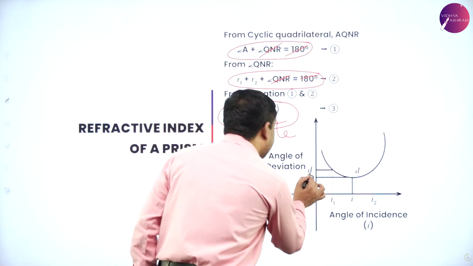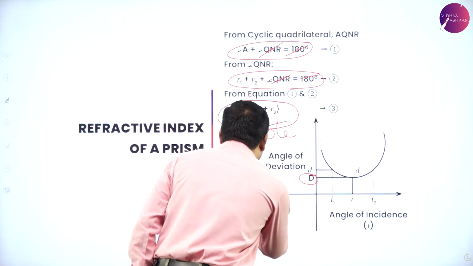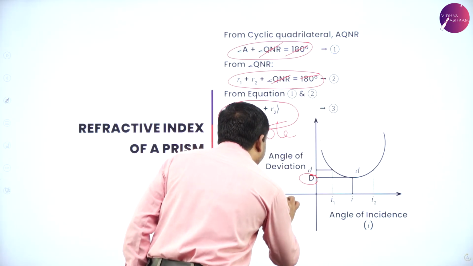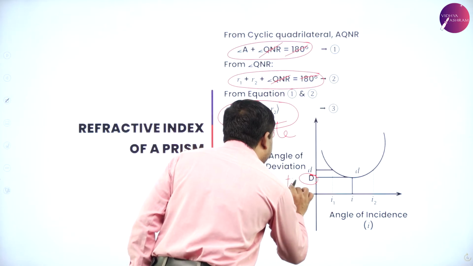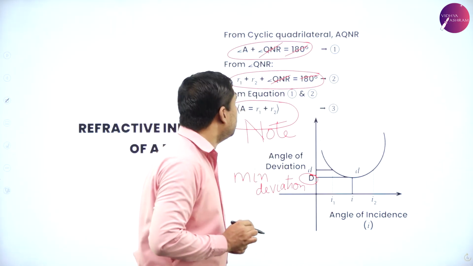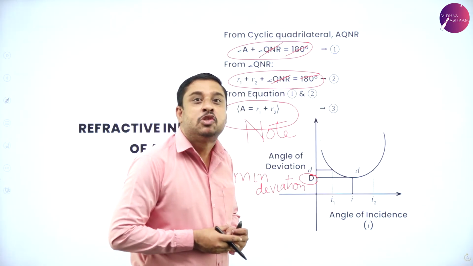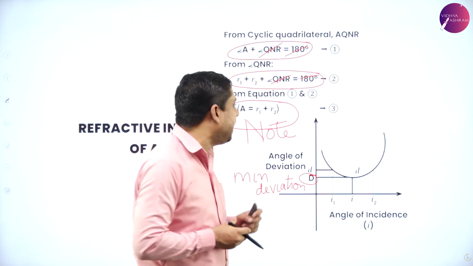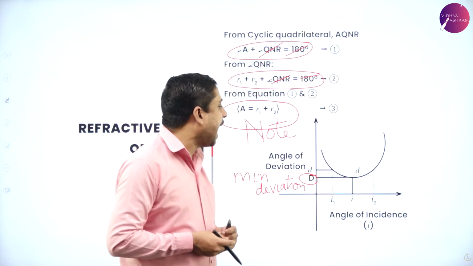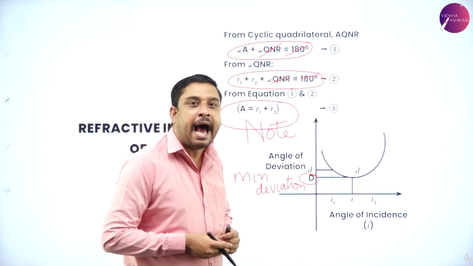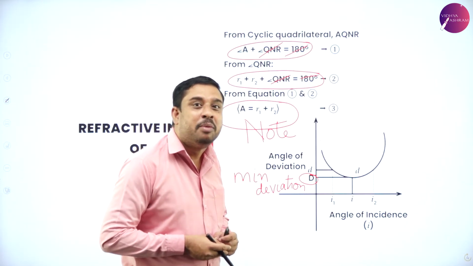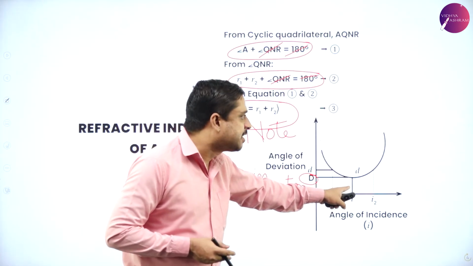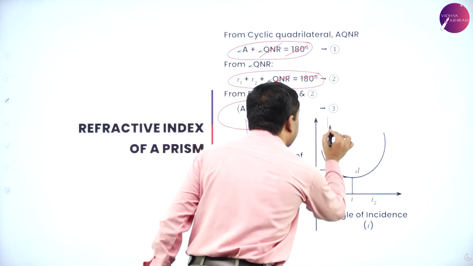My dear students, here capital D is called angle of minimum deviation. Don't get confused. Small d is angle of total deviation. Capital D is angle of minimum deviation. So, from this graph, it is very clear.